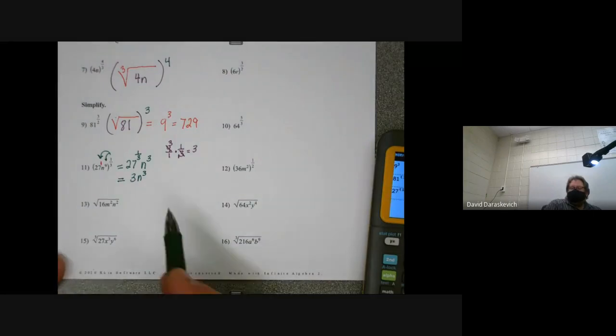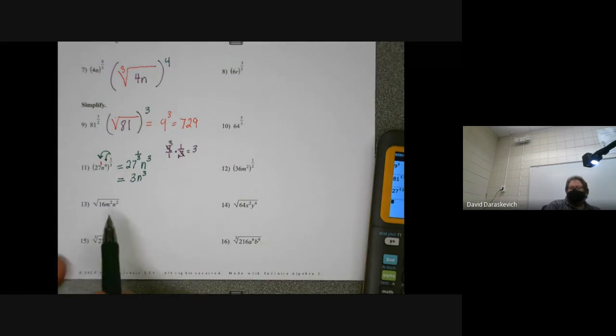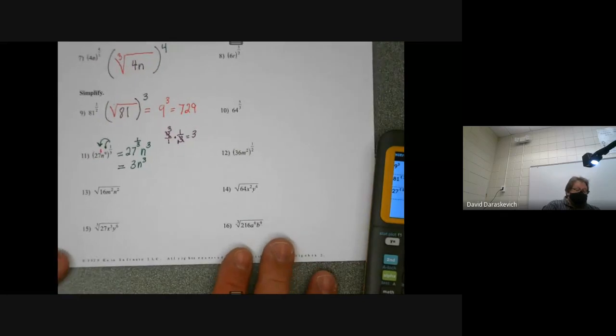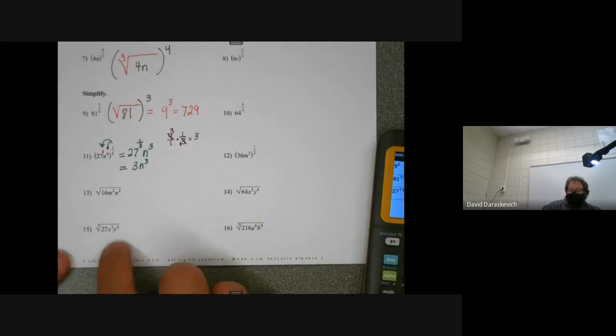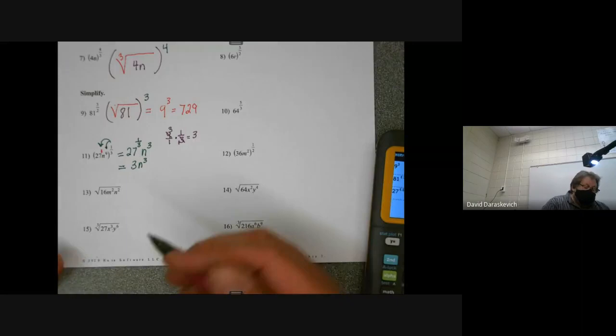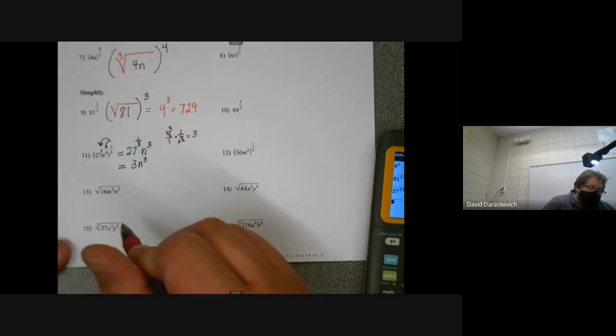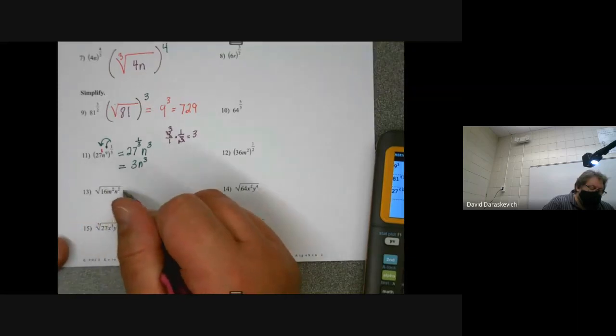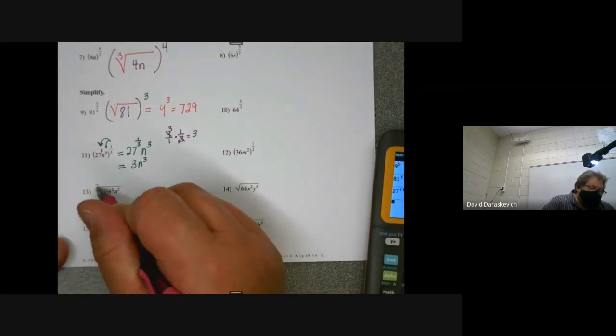And on the videos, I went ahead and did a couple of these. You guys are lucky this year because of this stupid COVID. You get the easier problems where they all work out. So this is the square root where you're taking the square root of each one of these. There's a 2 there, right?